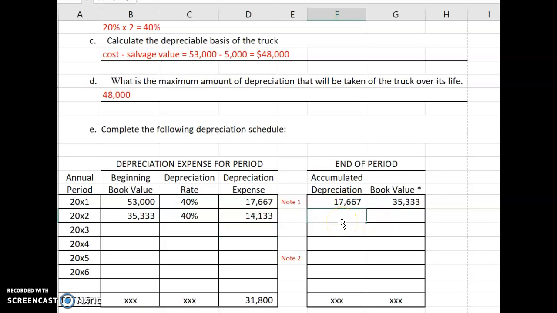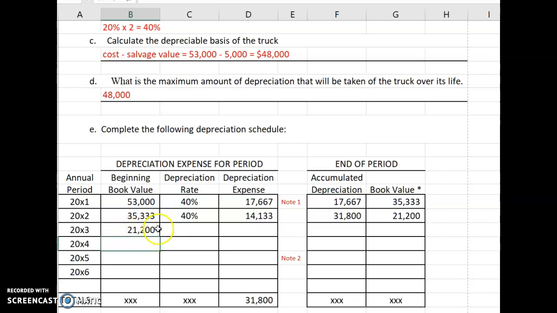The balance of accumulated depreciation then is the beginning accumulated depreciation plus current year expense, and the book value then is the cost minus accumulated depreciation, and this is the declining balance. This book value at the end of X2 is the book value at the beginning of X3.